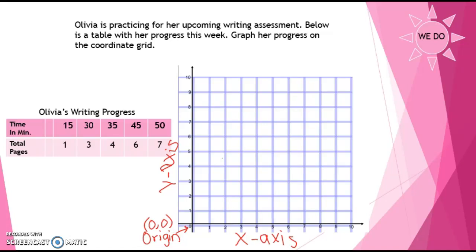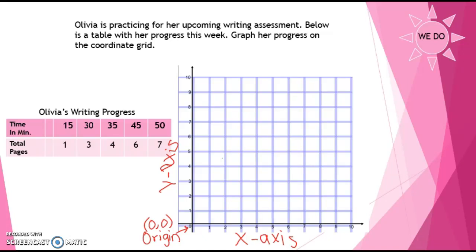Now, the one thing that we need to fix, because Ms. Walker could not find a graph that would fit for this problem. I guess I could have used a blank one. But in any case, I am going to change my y-axis to reflect the numbers that we are using in this problem.